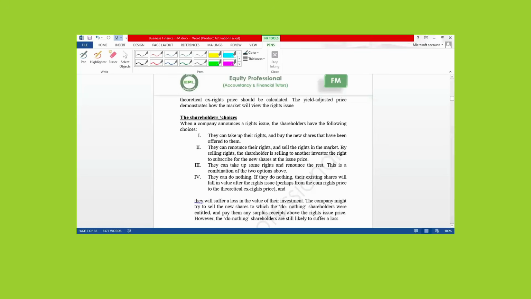You can ignore the rights completely. But note, by ignoring that right, the shareholder is likely to suffer loss in value.